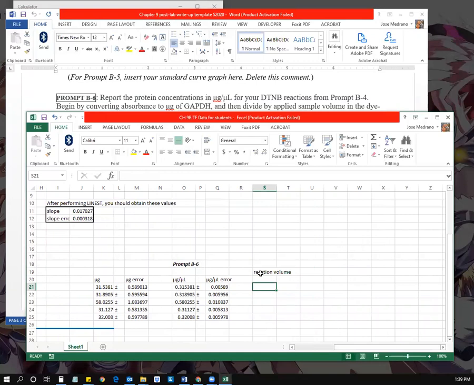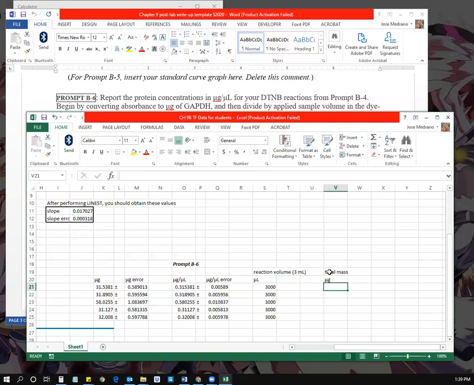The reaction volume was 3 mL, but another way of expressing 3 mL in microliters is 3,000 microliters, and this is true for all of them. So if we have a reaction volume of 3,000 microliters and concentrations in micrograms per microliter, we can just multiply these values together to get our total mass in micrograms.